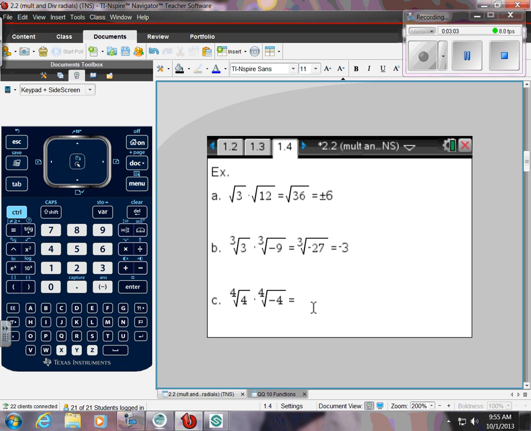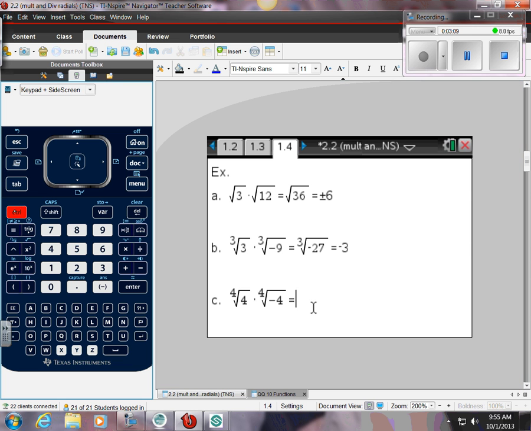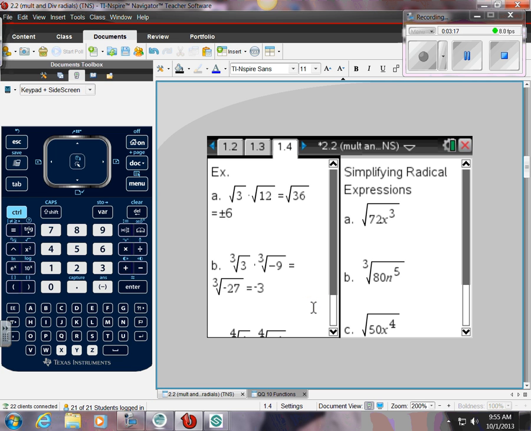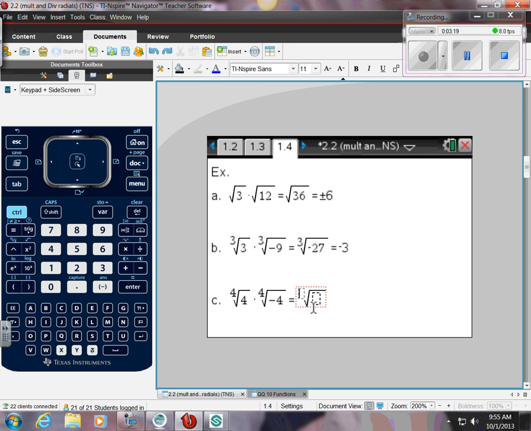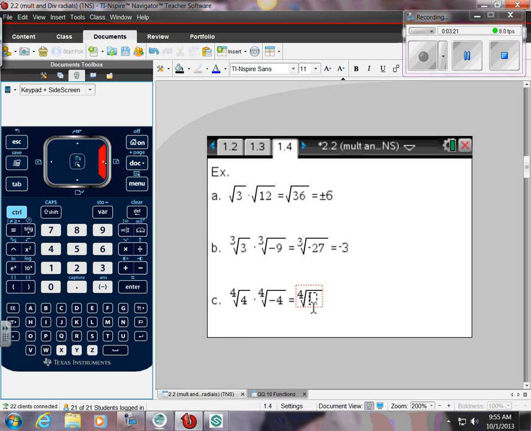Okay, so let's work on this one here. The 4th root of 4 times the 4th root of negative 4. Do the multiplication. What do you get? The 4th root of negative 16. Okay, so we just talked about this.